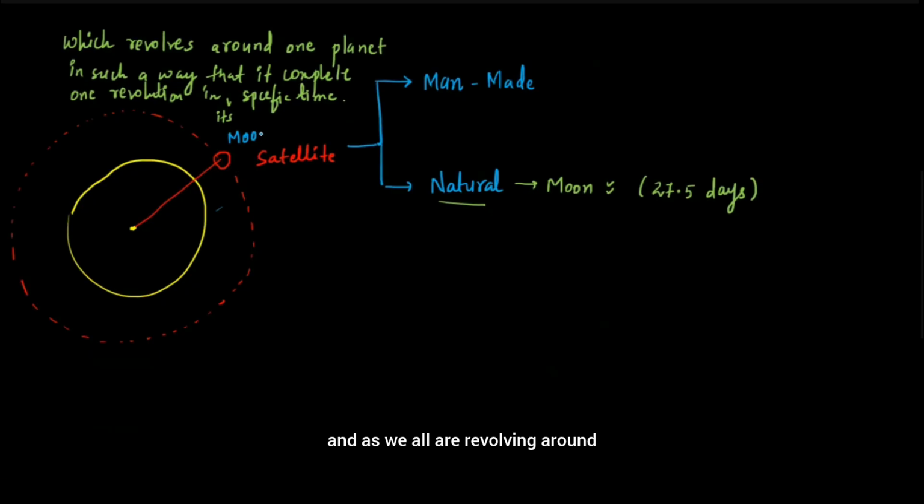And as we all are revolving around the Sun, this proves again that someday all the planets must have been a part of the Sun. This is what different theories conclude as well. But physics also says the same, because if anything is revolving around anything, it means that it was a part of that thing once upon a time.